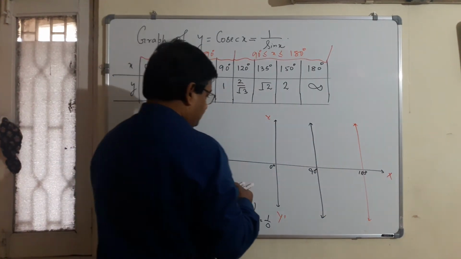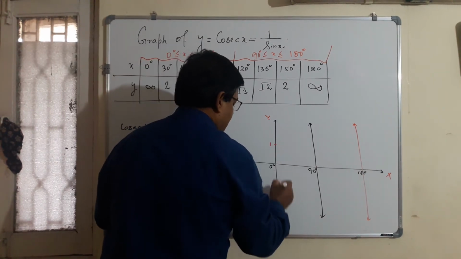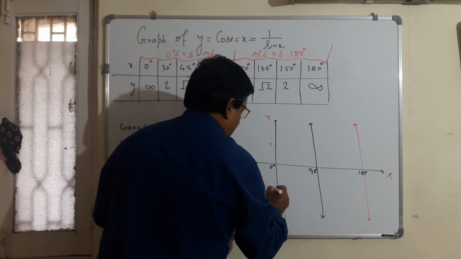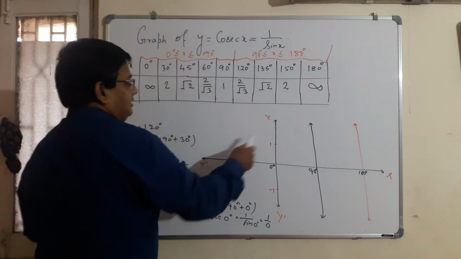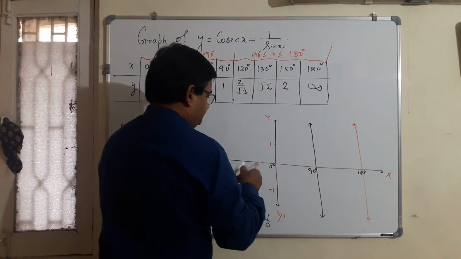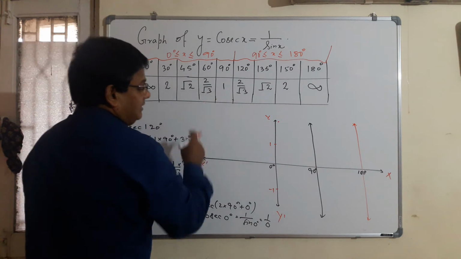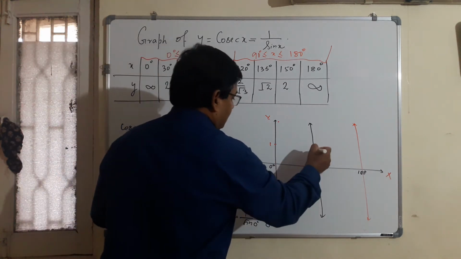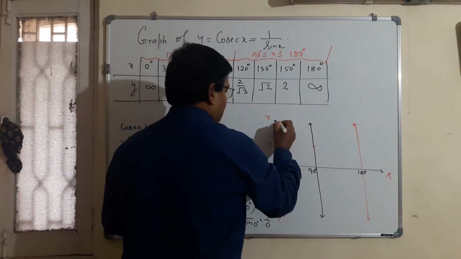So start from infinity, and suppose here 1, here minus 1. When 0 degree it is infinity. When 90 degree it becomes 1. So it will go like this.